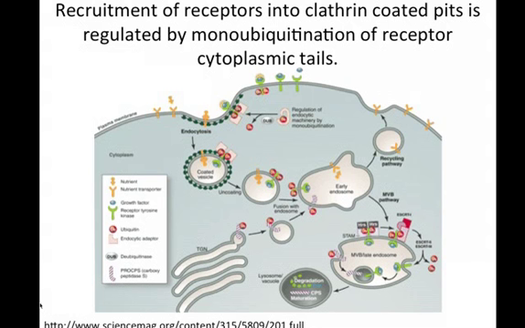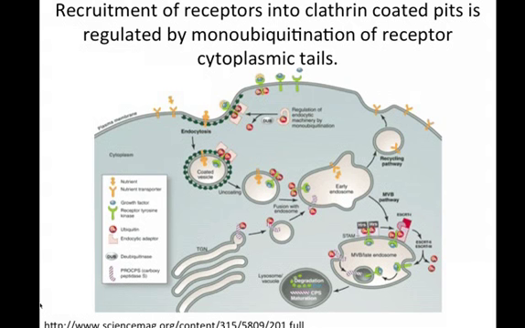So you can have a receptor that's being recruited into the clathrin-coated pit because the cytoplasmic tail is ubiquitinated, but monoubiquitinated, not lysine 48 polyubiquitinated, which goes to the proteasome, not that one. Remember I told you there are all these different kinds of ubiquitin that do all sorts of things.